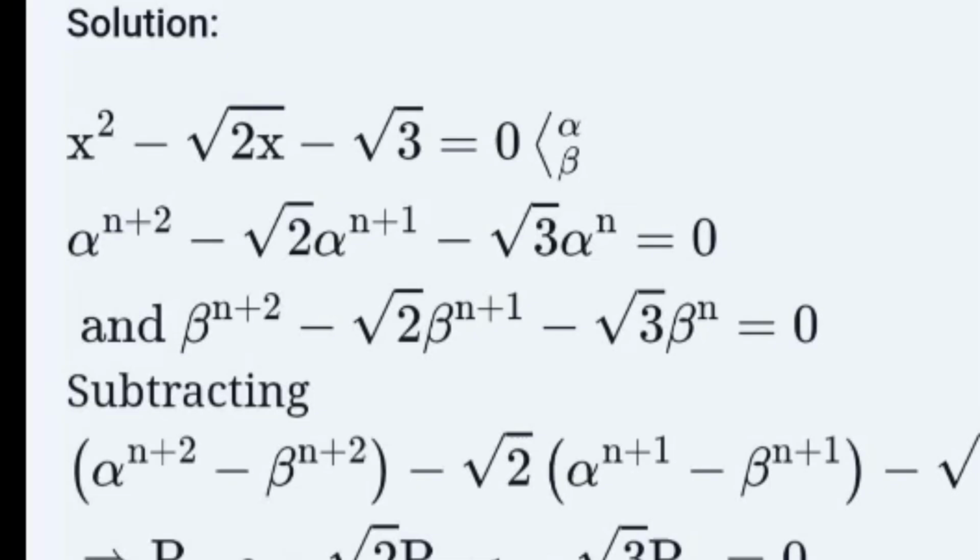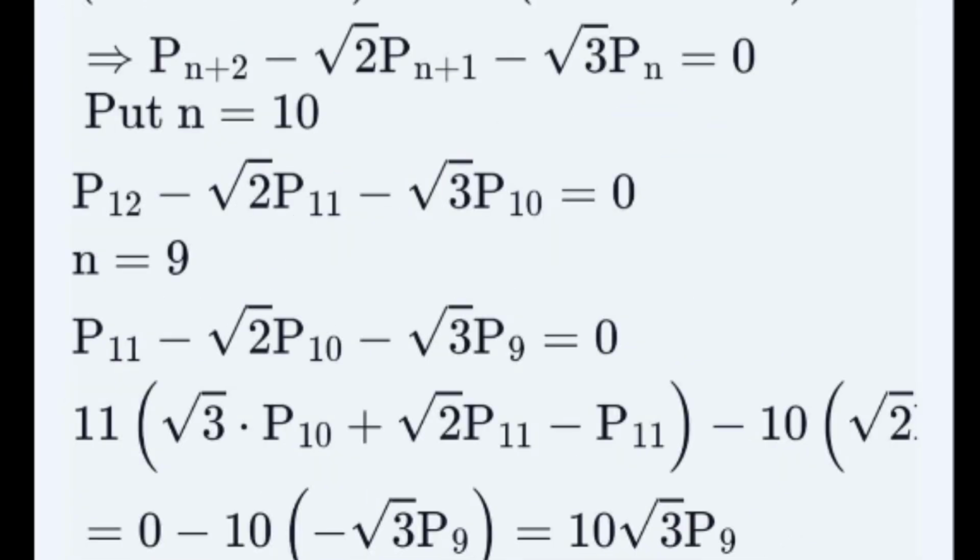Now the equation x square minus root 2x minus root 3 is equal to 0, where alpha, beta are the roots.